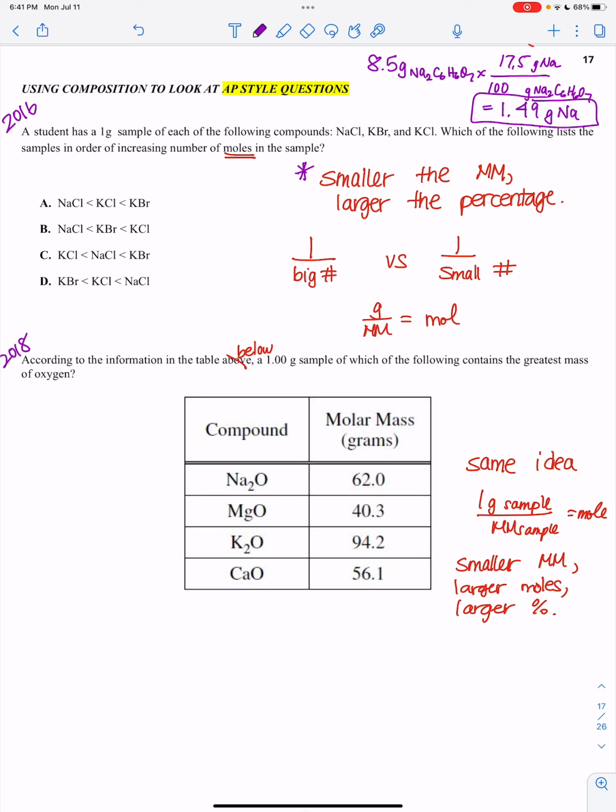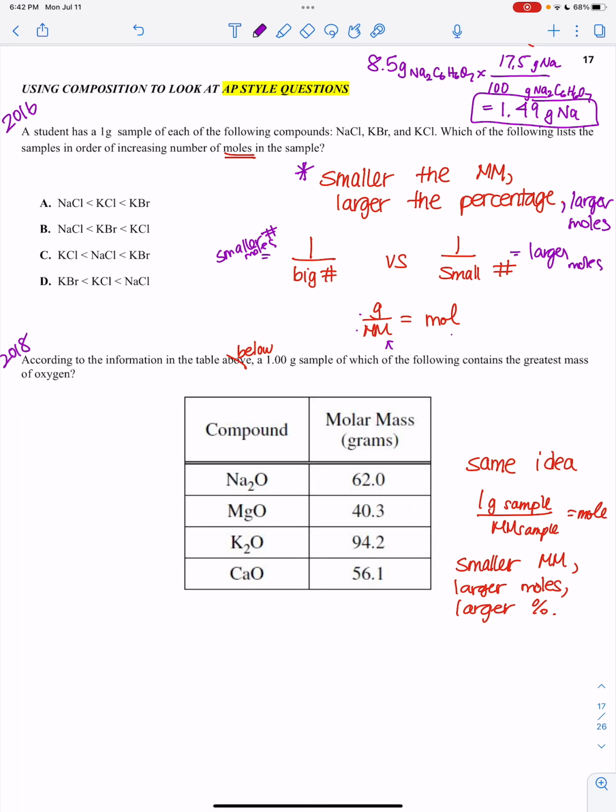So something to note, smaller the molar mass, the larger the percentage, larger the moles you'll have. Why? Just a shortcut here, grams divided by molar mass is moles. If I divide by a smaller molar mass, I'm going to get a larger number. If I divide by a bigger molar mass, I'll get a smaller number, or a smaller number of moles.